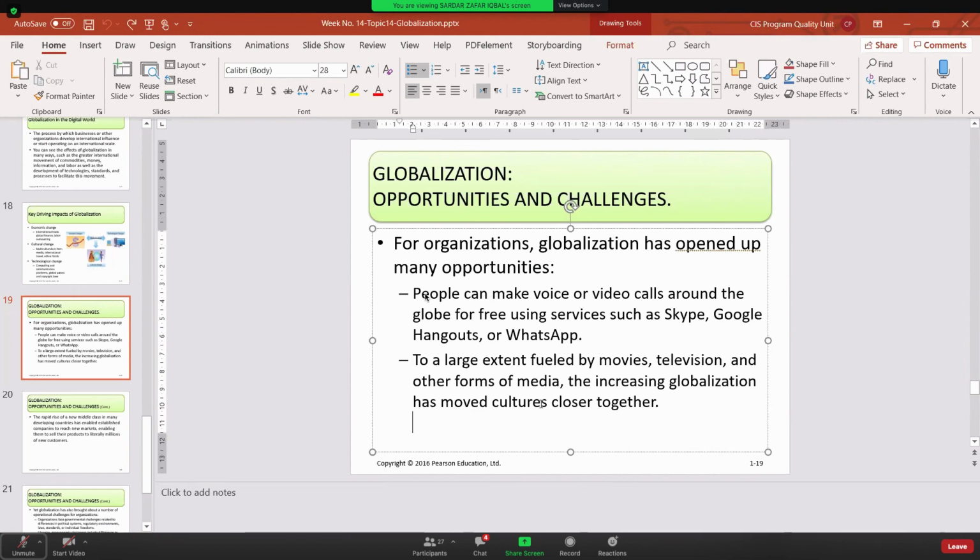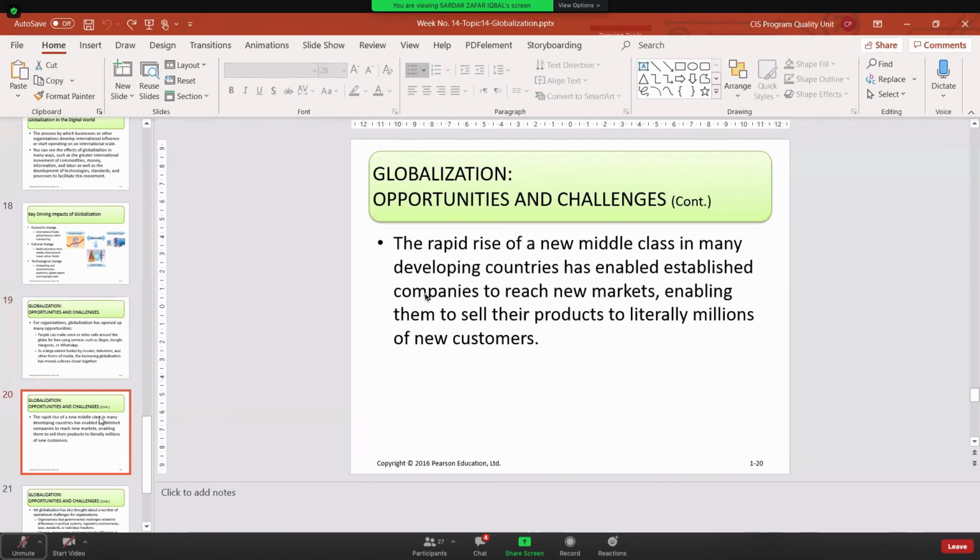So these are all opportunities for globalization. The rapid rise of the new middle class in many developing countries has enabled established companies to reach new markets, to sell their products to literally millions of new customers. If you consider only China and India, it's a large population.